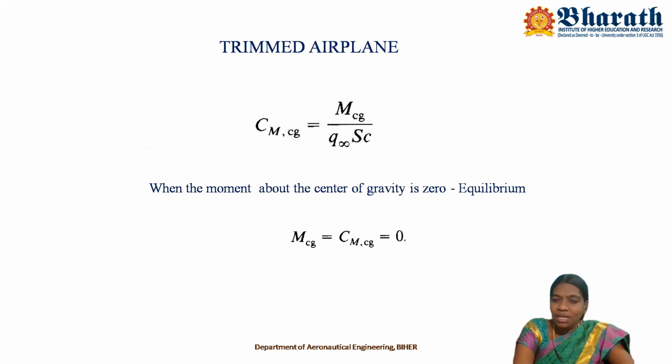If an airplane is in equilibrium, the moment about the center of gravity is 0. Then obviously the coefficient of moment about the center of gravity is also 0. The coefficient of moment about the center of gravity is defined as the moment about the center of gravity divided by the dynamic pressure times the area S times the chord.